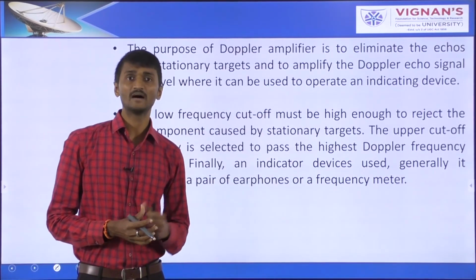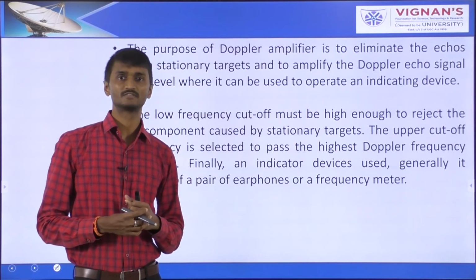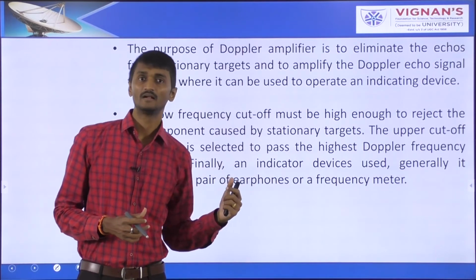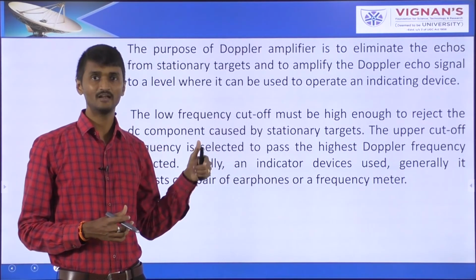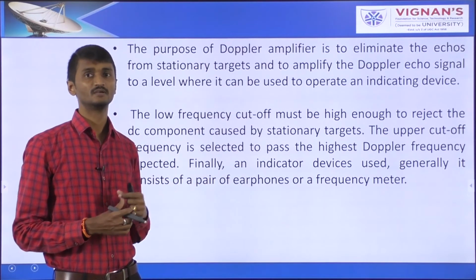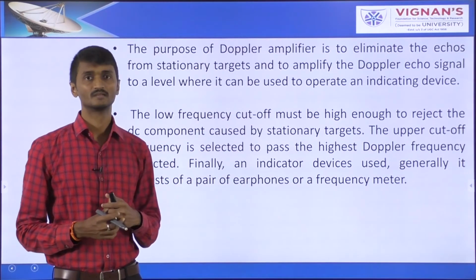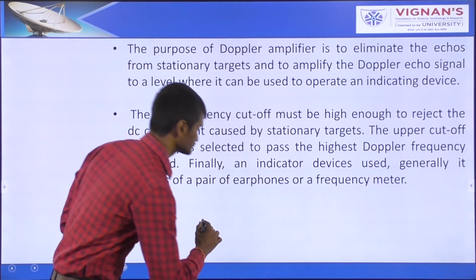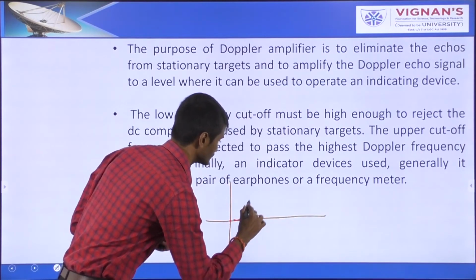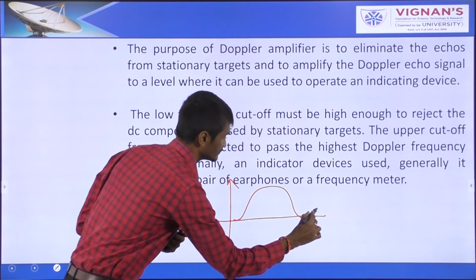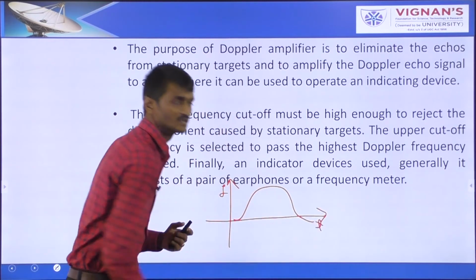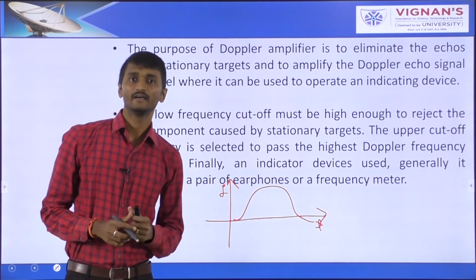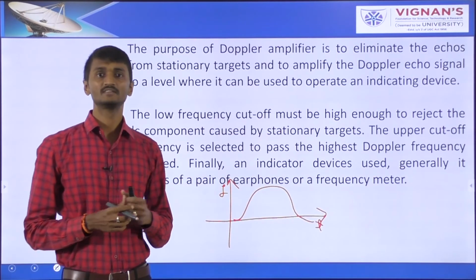So the purpose of the Doppler amplifier is to eliminate the echoes from the stationary targets and to amplify the Doppler echo signal to a level where it can be used to operate an indicating device. So the low frequency cutoff must be high enough to reject the DC component caused by the stationary targets.